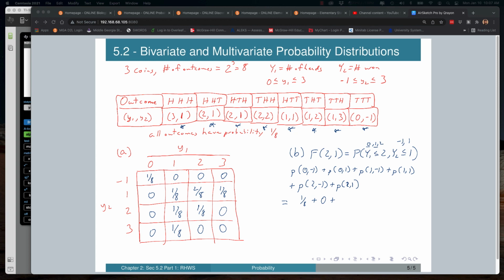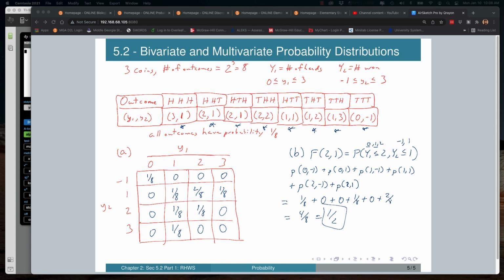And then P of (1, -1) is 0. (1, 1) is 1/8. (2, -1) is 0. And (2, 1) is a probability of 2/8. So it's 2, 3, 4/8, or just 1/2. All right.